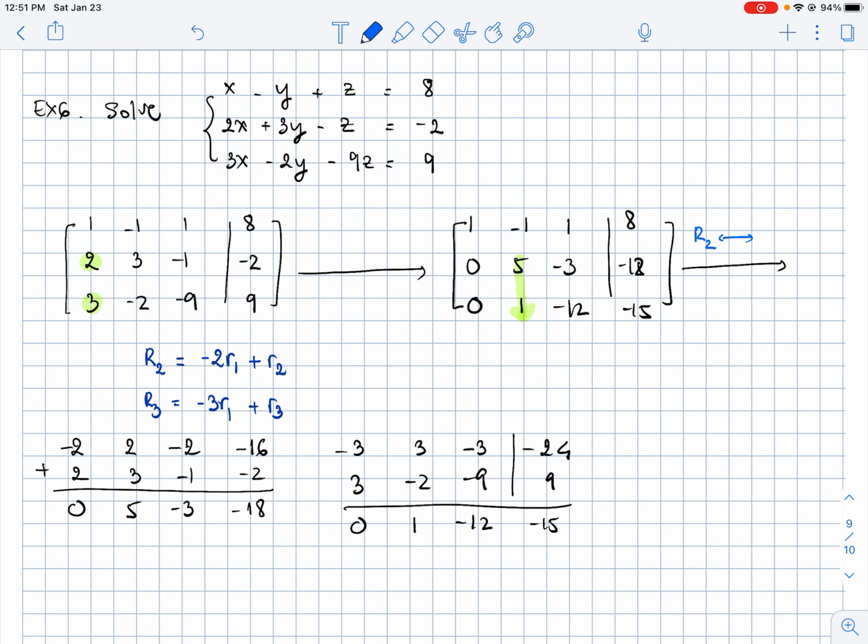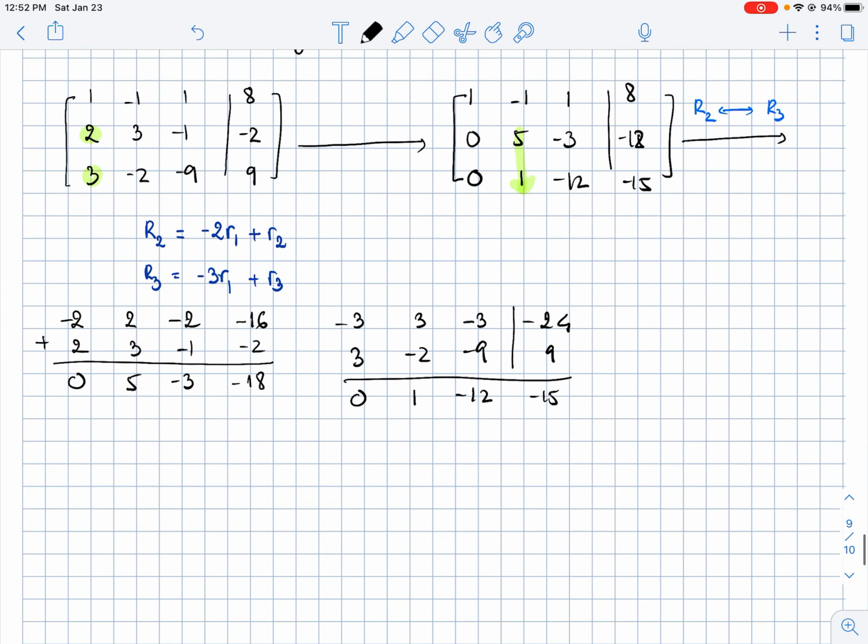So we copy the first row again, and now we switch the rows: 0, 1, -12, -15, and 0, 5, -3, -18.